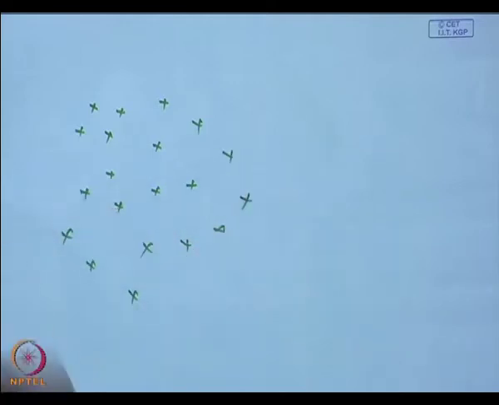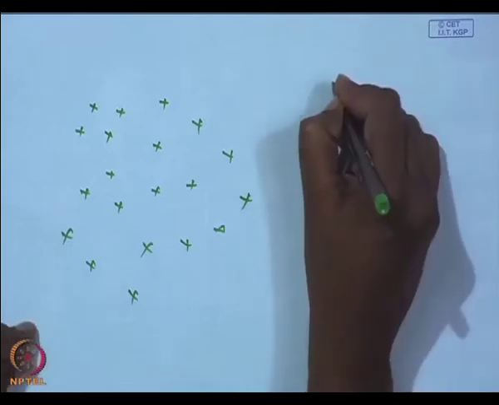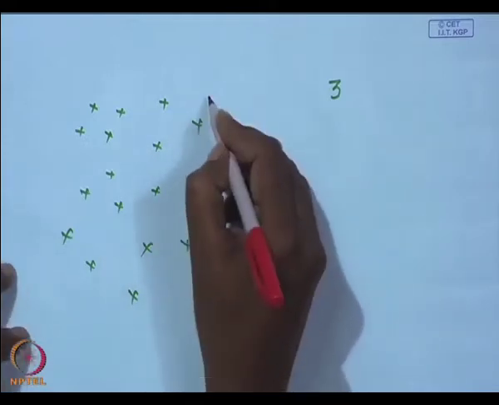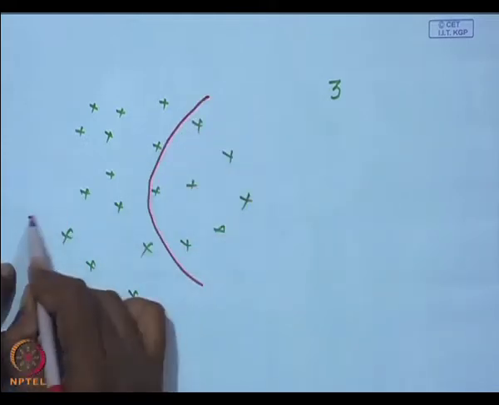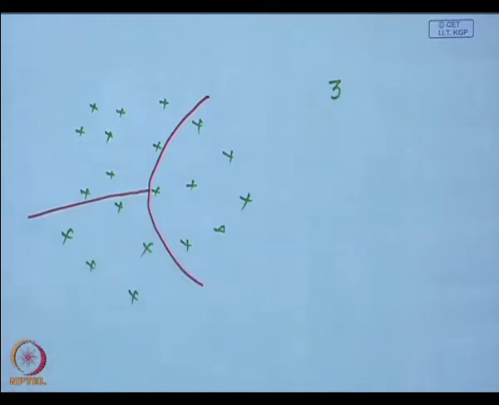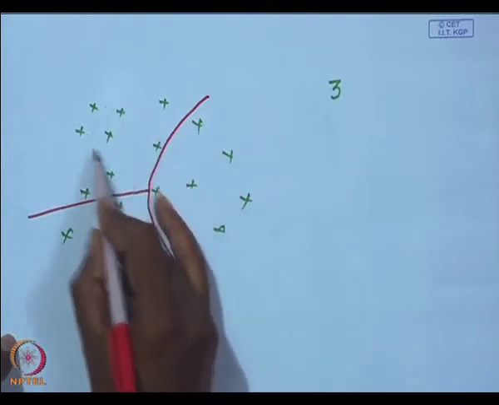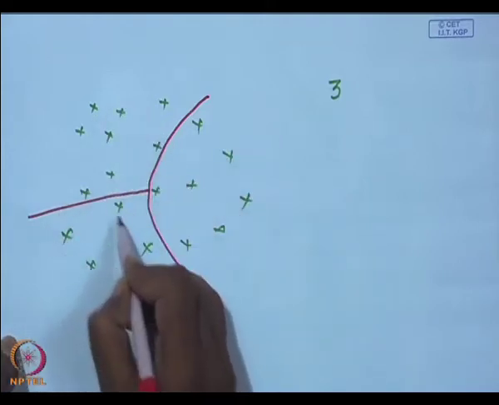So, these are the set of feature vectors. Now, suppose I want to form 3 clusters. So, initially what I do is, at random, arbitrarily you partition this set of samples into 3 different clusters. So, this cluster contains these samples, this cluster contains these samples, this cluster contains these samples, and so on.